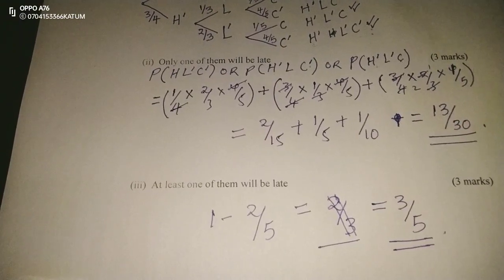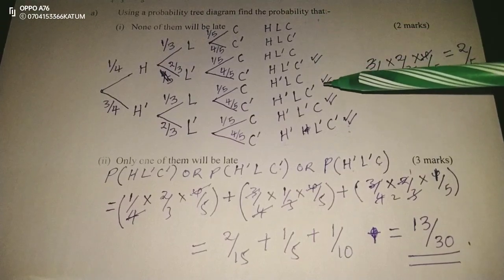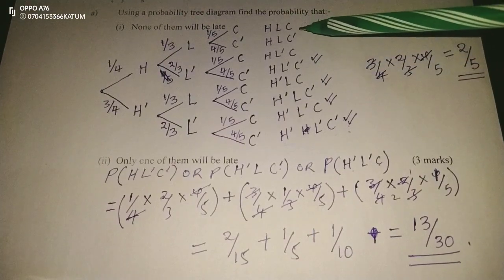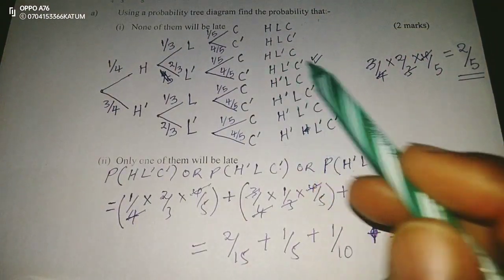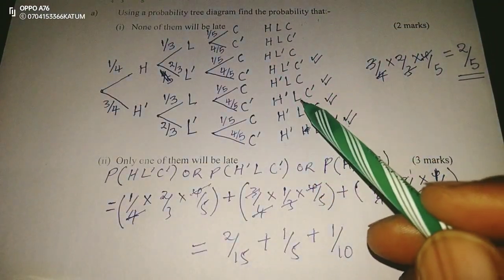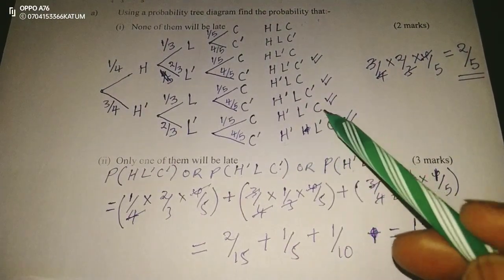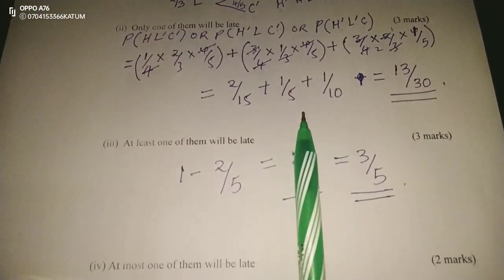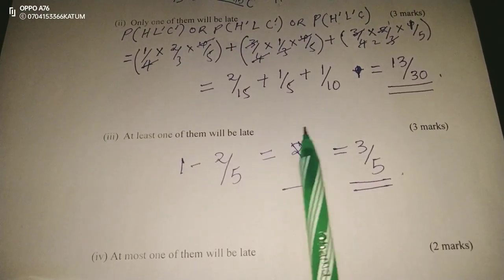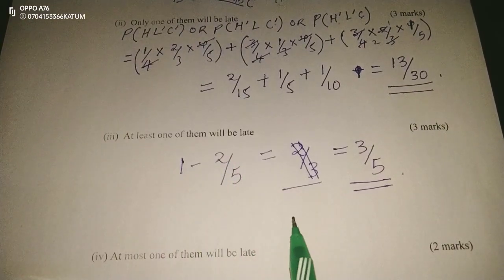Therefore, instead of computing all these possibilities whereby at least there is somebody who is late, somebody late, somebody late, you can see they are late, it is only this case whereby nobody is late. So to get the probability that at least one will be late, it can be 1 minus the probability nobody is late.